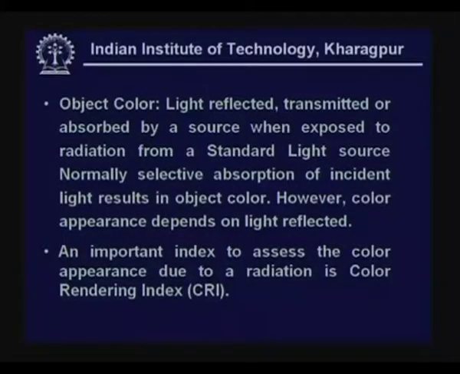Now, we looked at, depending on the nature of the source, it has a certain spectral power distribution which characterizes the source color. For instance, we say sodium vapor lamp has orangish color, neon lamp has reddish color.